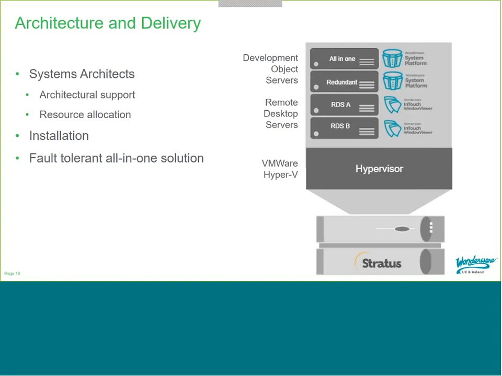As part of this, we also offer installation services. This means that you can receive a Stratus server fully configured with everything on top of it. So the hypervisor layer, and Wonderware supports VMware and Hyper-V as standard.